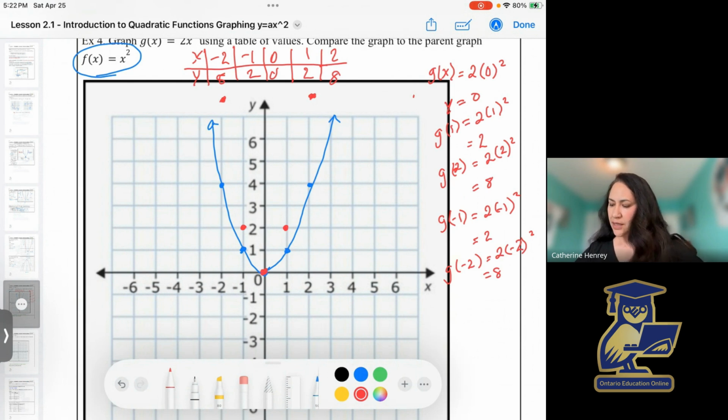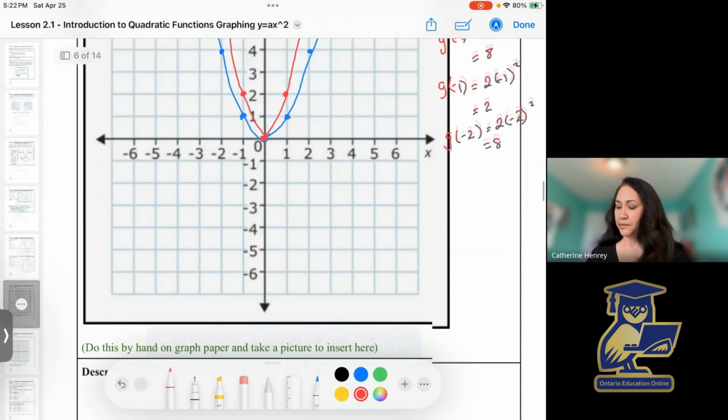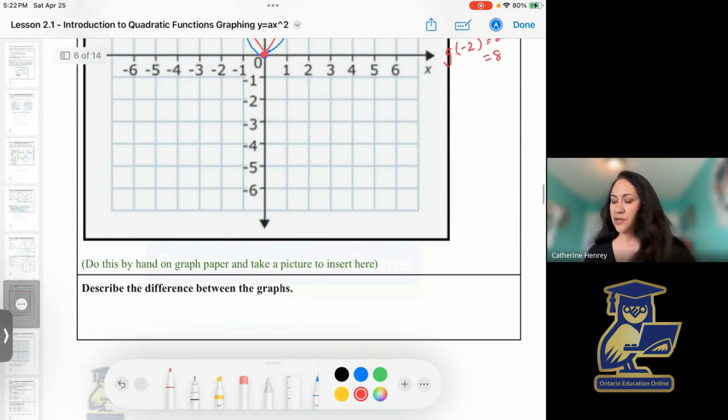So this has a little bit of a change in the graph. We can see that the graph of 2x squared is a little thinner than our parent function, y equals x squared. So describe the difference between the graphs. We just talked about it.